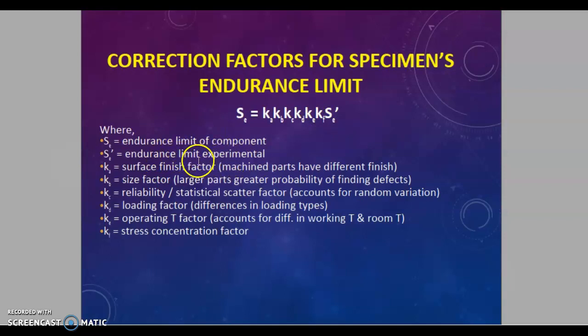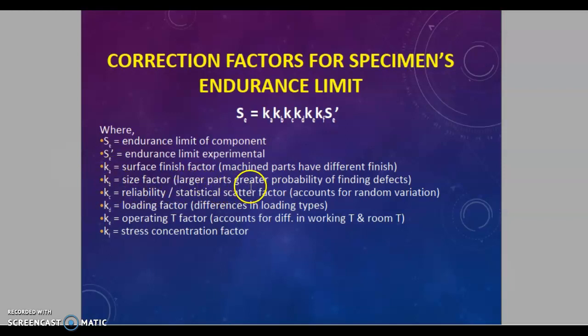Okay, and the correction factors are: first one, Ka, is the surface finish factor. Machined parts have different finishes, so it depends on the surface finish. It will be between 0 and 1. Then the size factor is Kb.